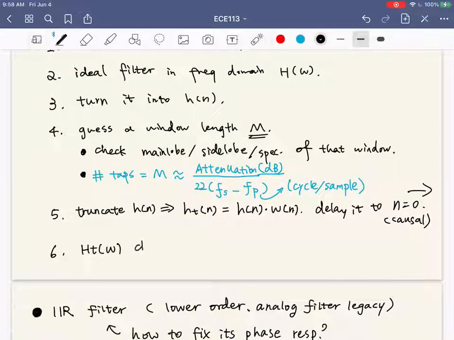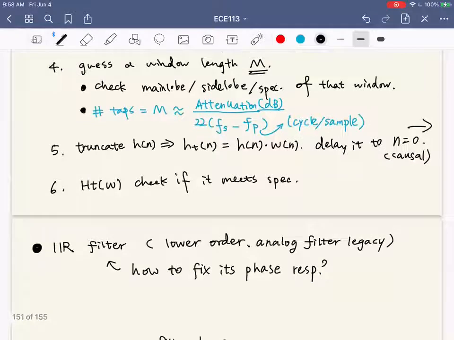Okay, and then we want to check if it meets the specification. So we want to plot it and see if the ripple is within our prerequisite, if the ripples in the stop band are within our requirements. Okay, so this is the checking. If it works, that's perfect. You design a filter at one glance. Okay, but if it does not work, do it iteratively.